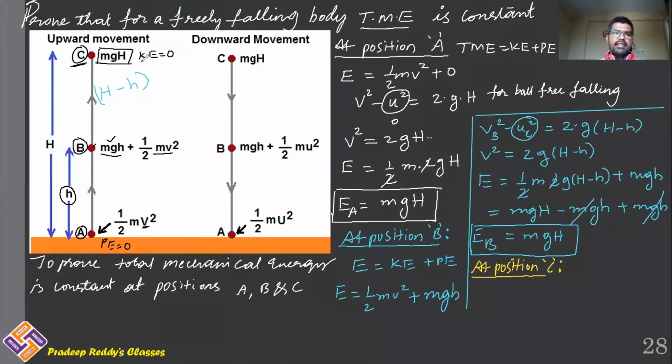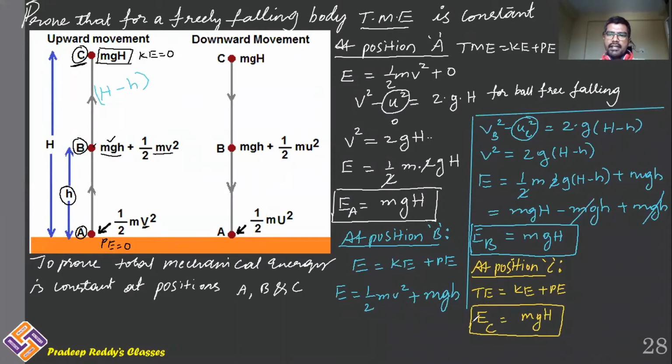At position C, we have total energy which is equal to kinetic energy plus potential energy. Kinetic energy is however 0. Therefore, total energy at C is equal to potential energy, which is mgH. Right.